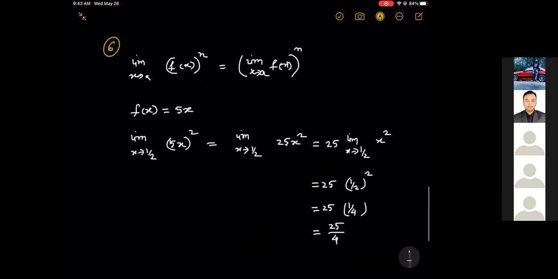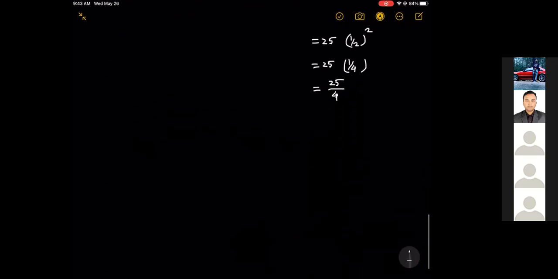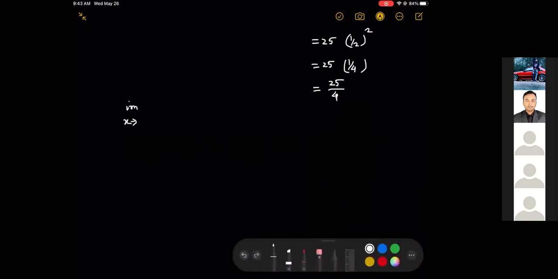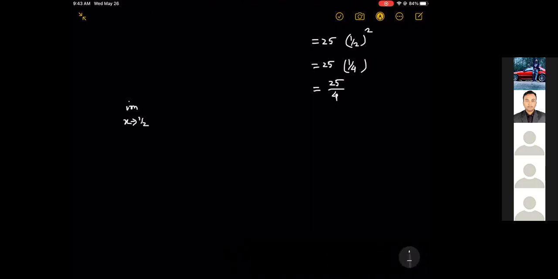It says we can find the limit of the function and then upgrade it to the exponent we have. So let's find the limit of the function as x tends to half. If you don't understand my handwriting, just let me know, okay?